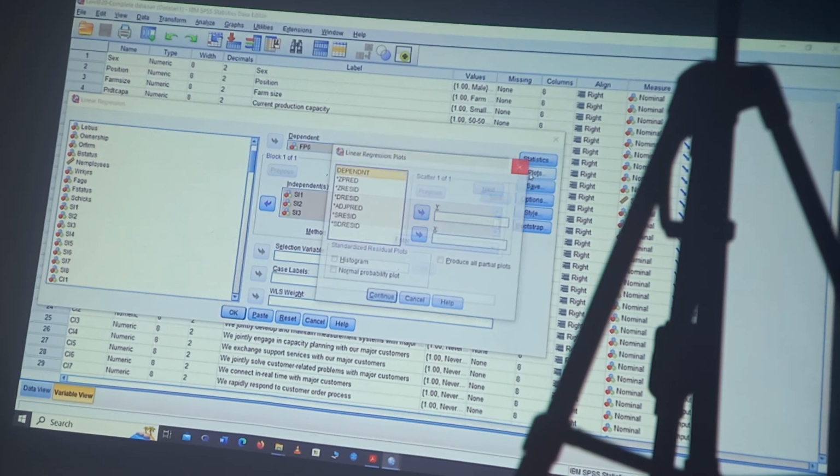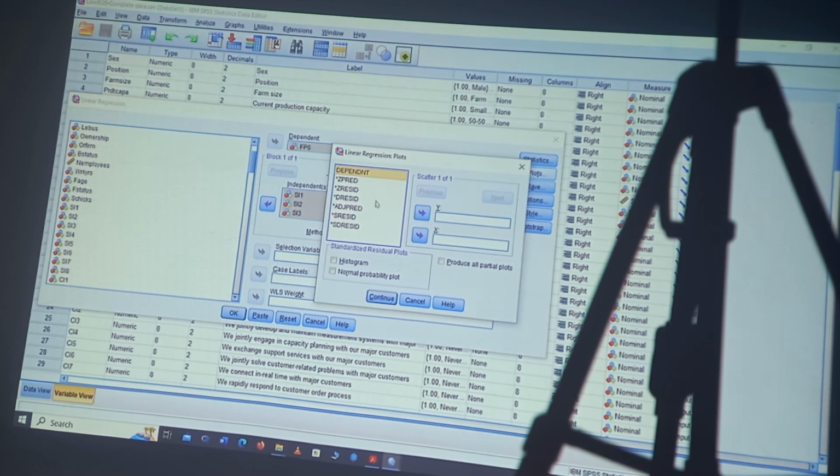Then click on Plots. On plots, you see what they call ZPRED and ZRESID, right? Move ZRESID to Y. The first one is ZPRED. The second one is ZRESID.